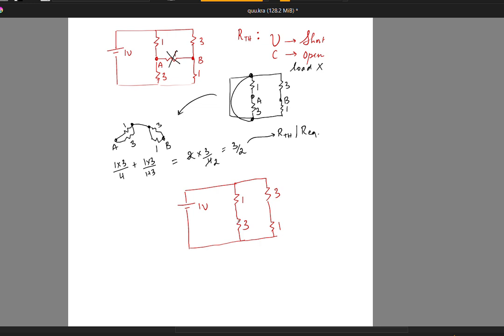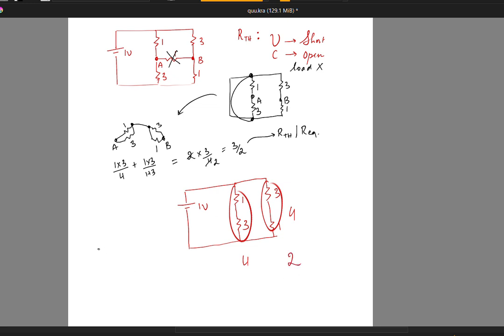One thing you can consider doing now, since we need the voltage drop across this and this when we draw this equivalent loop, we will first have to calculate the current which is passing here and the current which is passing here. And to do that, you can first try calculating the equivalent current. The way to do that is this whole thing would be 4, this whole thing would be 4, and the parallel connection will give us 2.